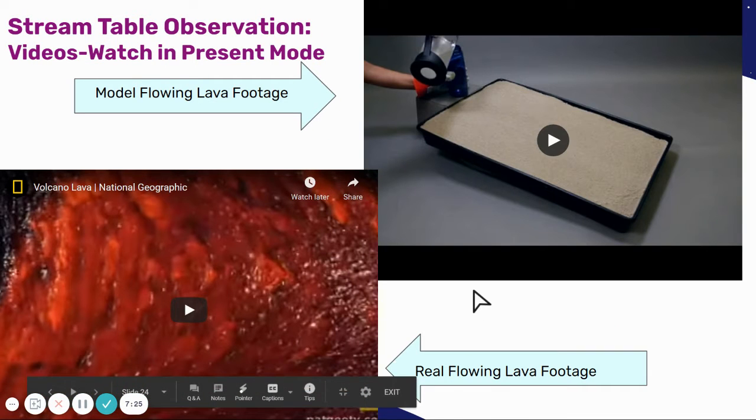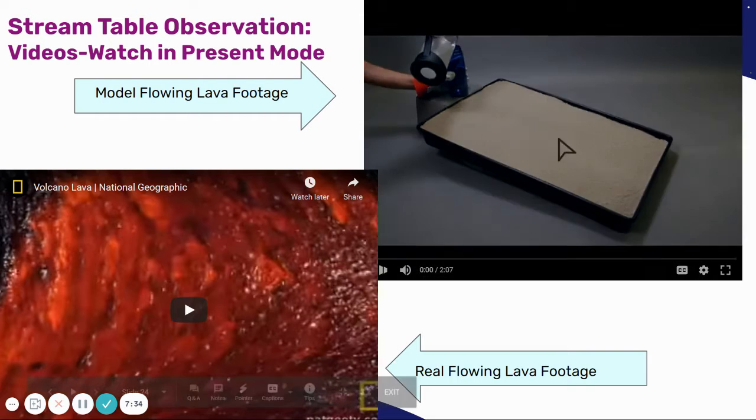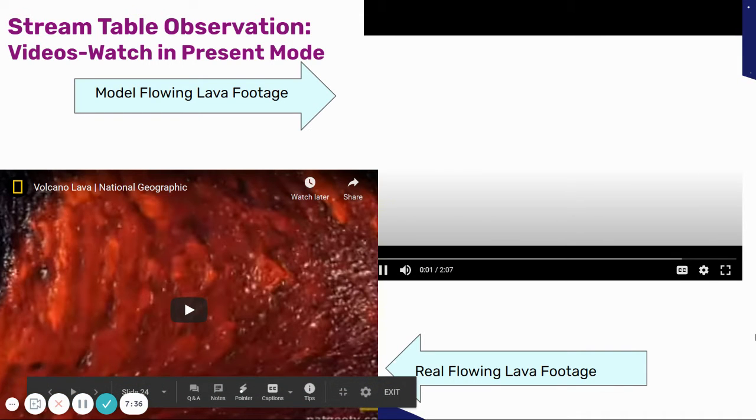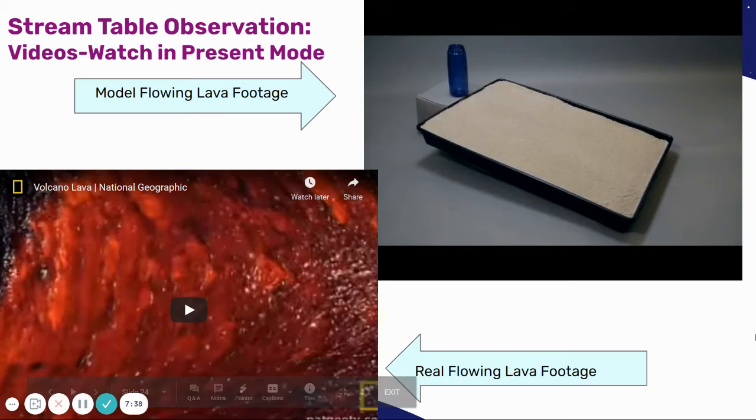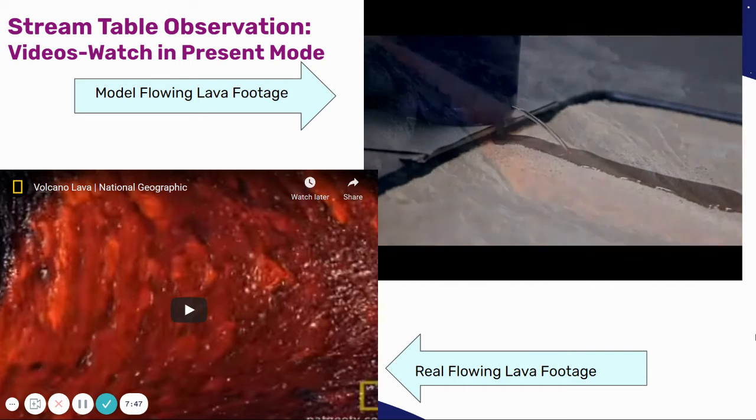Just like before, we've got two videos, one that's going to show the flowing lava model, and then one that's going to show lava flowing in real life. This is a tilted tub of sand that represents a sloped hill. In a moment, hot wax will pour from the blue water bottle to move along.